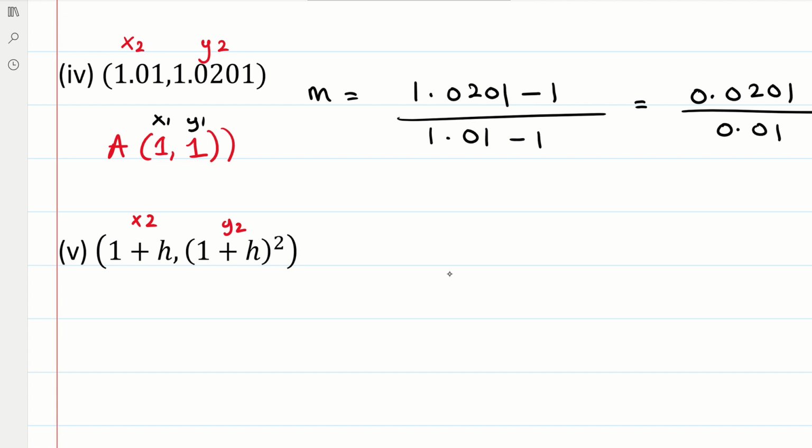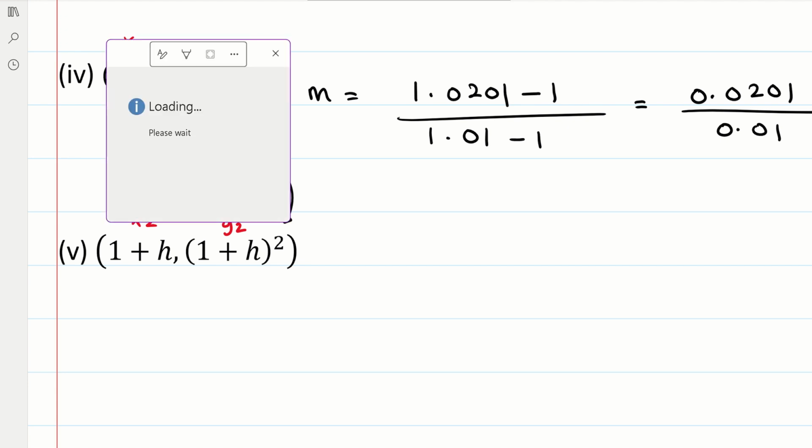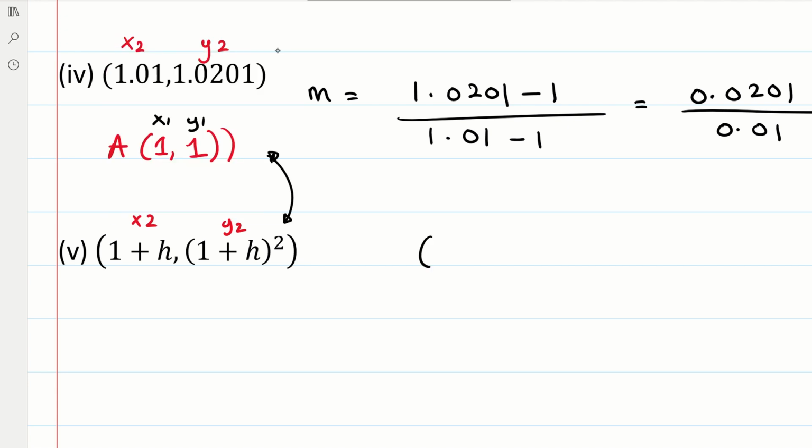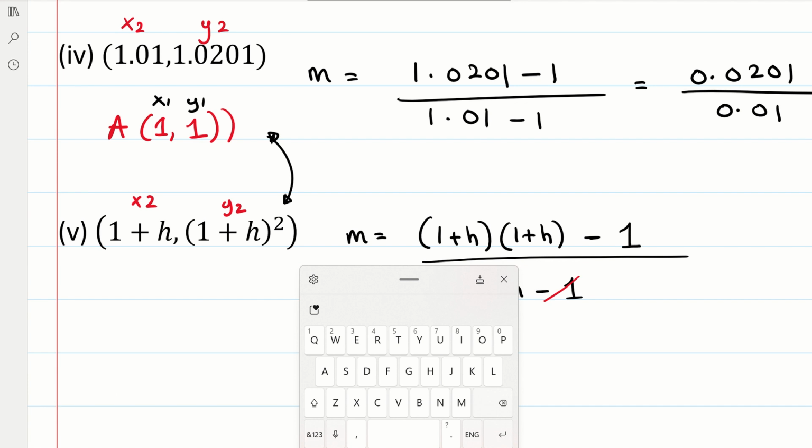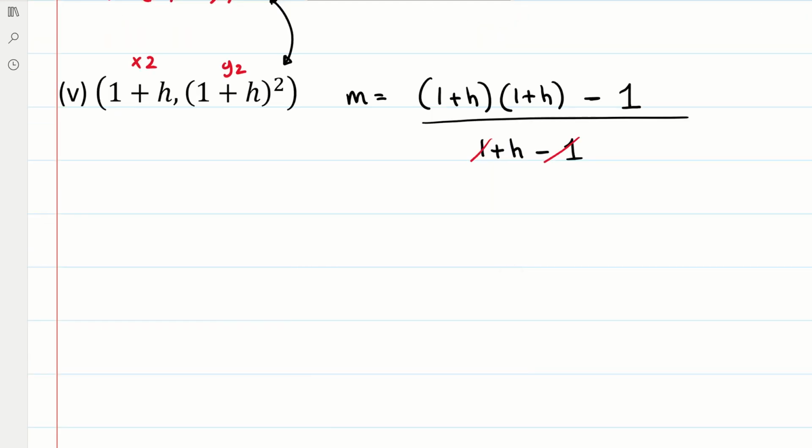And we do the same, we're comparing it to A. So the gradient is y2, 1 plus h squared, so I'm just going to write it in a double bracket, minus y1, divided by x2, which is 1 plus h, minus x1, which is 1. I hope you can see straight away, 1 take away 1 is gone. So effectively, I now only have an h that I'm dividing by.